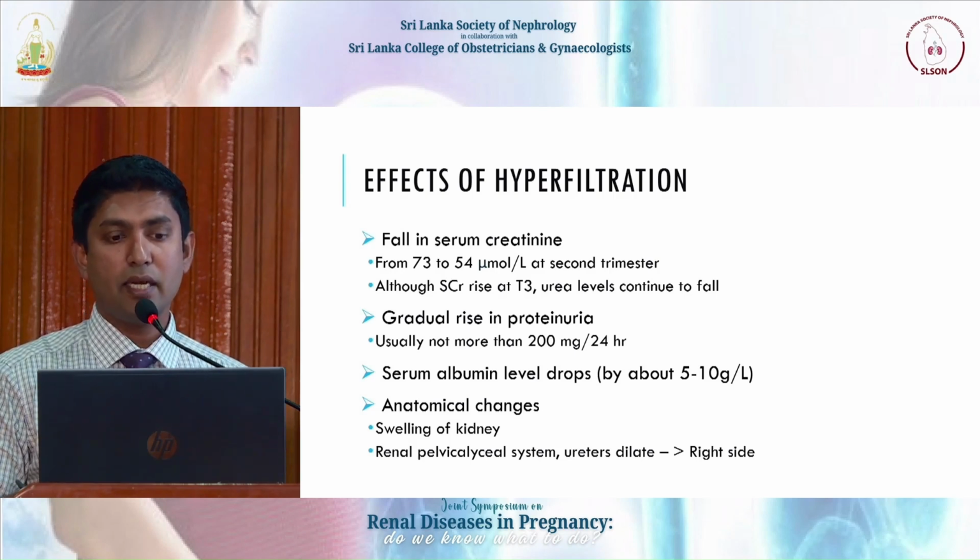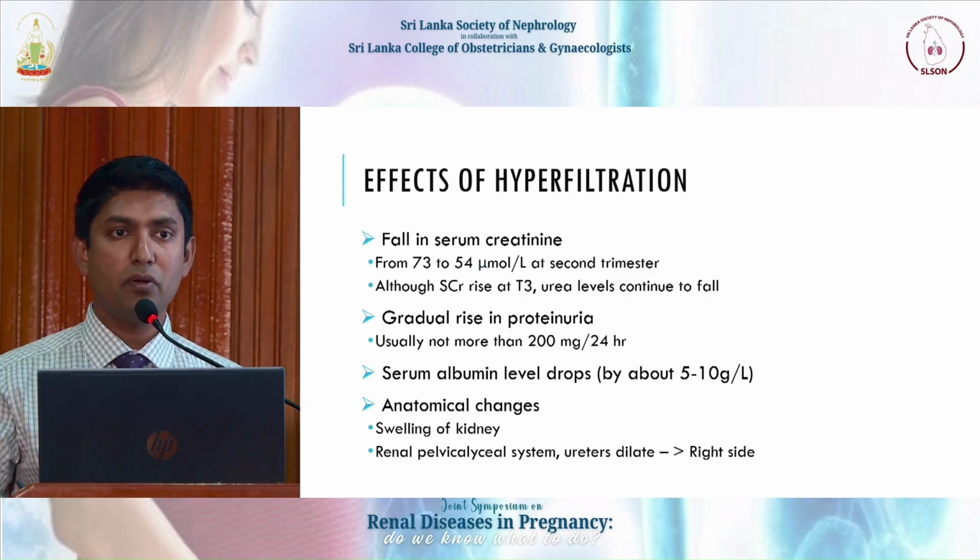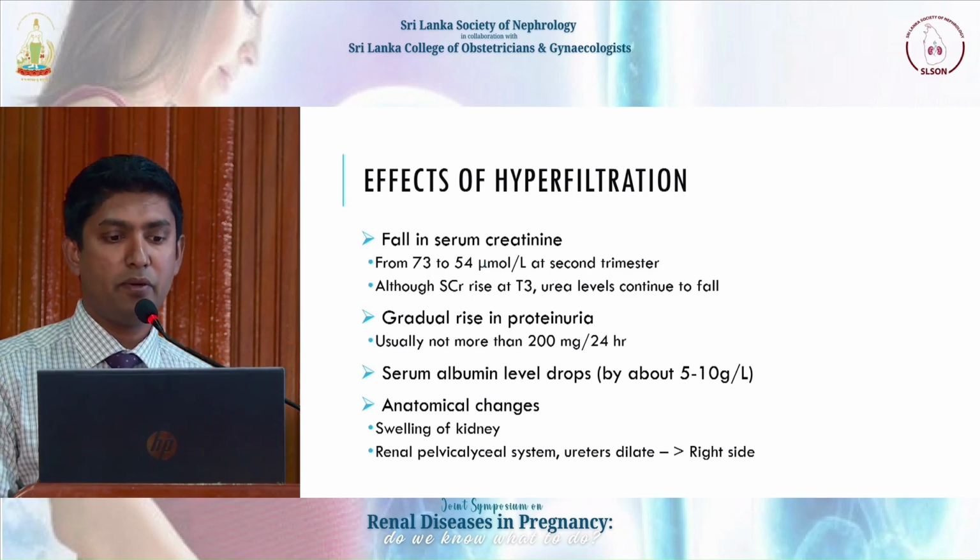And there's gradual rise in proteinuria, but not to the abnormal level, usually it increases from around 150 to close to 250 level. And also serum albumin level will be dropped.